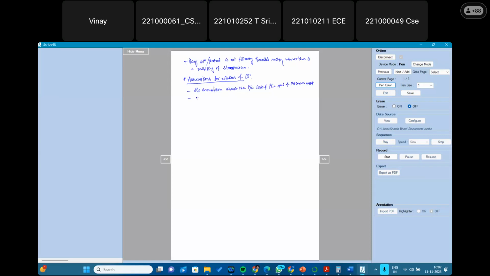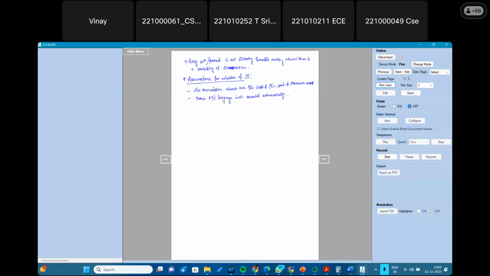Next, basic machine language instructions are executed atomically. Right, these are the two assumptions.